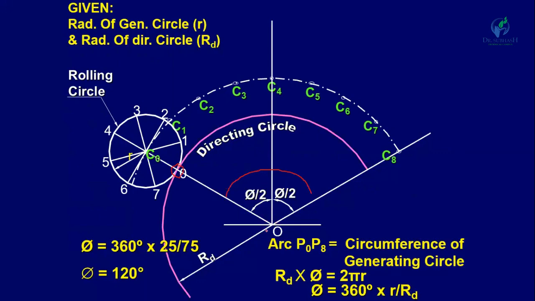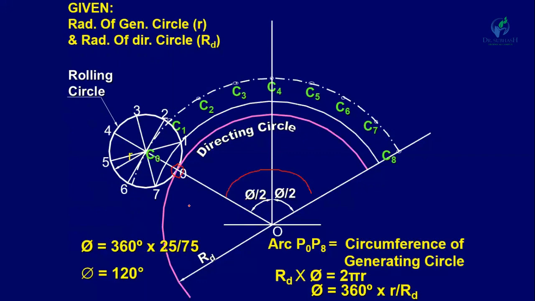Now with O as a center and radius equal to O1, draw a circle which will pass through points 1 and 7. Okay. Similarly, with O as the center, draw the different circles which are passing through all these points 1 to 8.